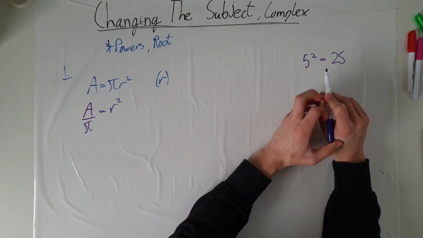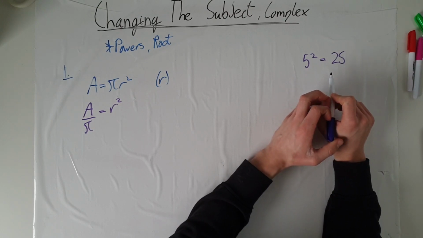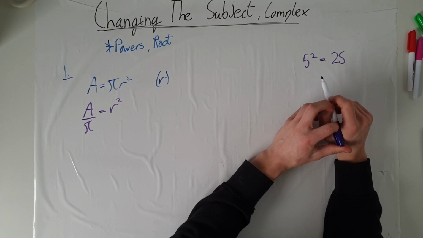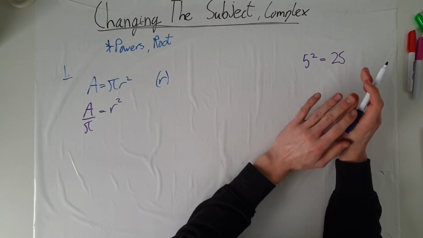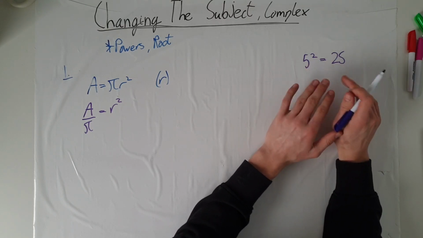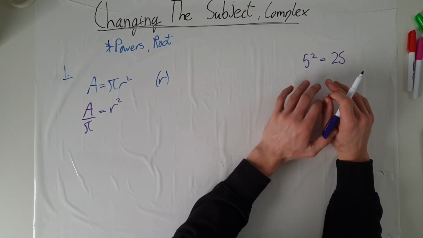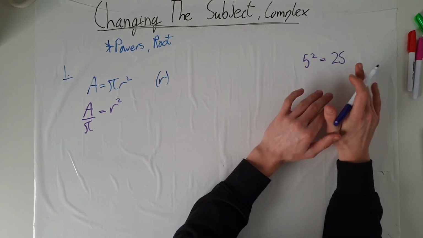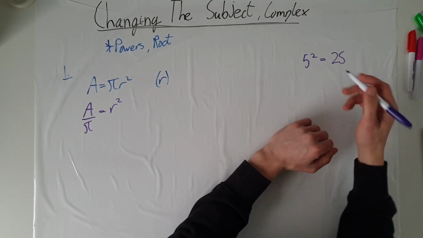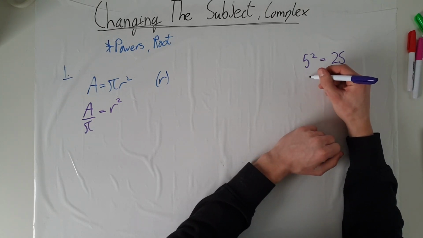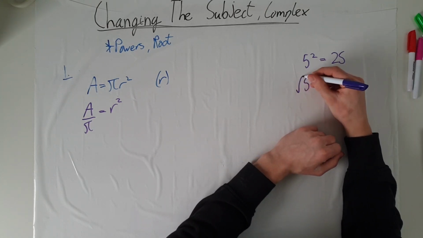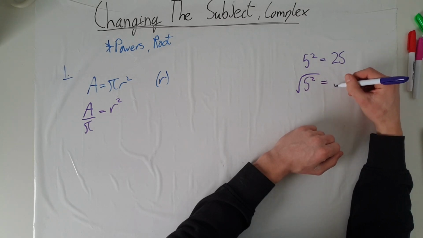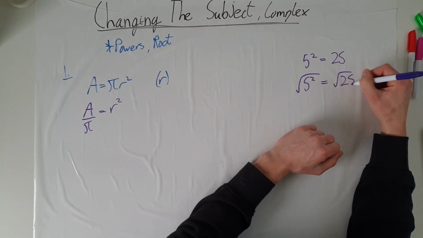Well, what if we wanted to simplify this to just get 5 equals 5? Well, what we can do is, just like with any other equation, apply a square root to both sides. Whatever you do to one, you have to do to the other. So applying a square root to both sides will give us the square root of 5 squared is equal to the square root of 25.